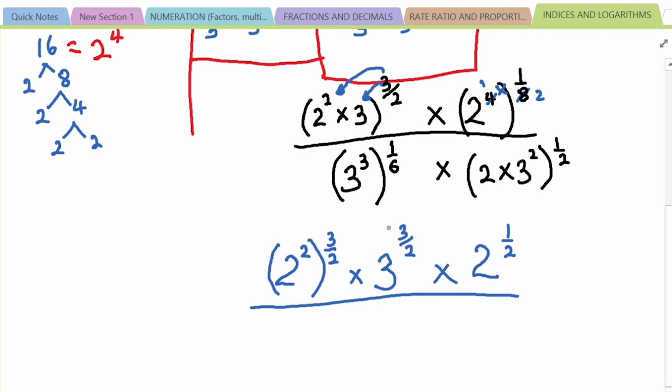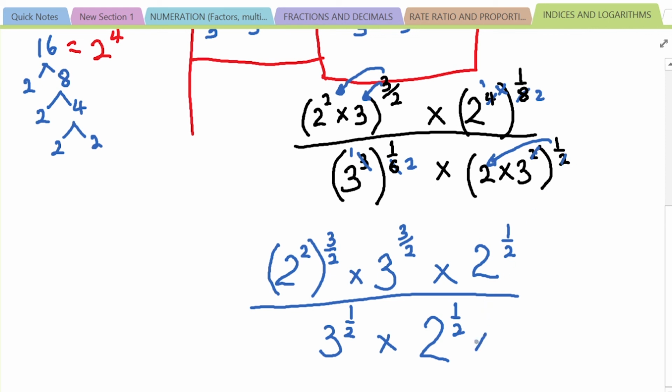Let's get all that divided by, here it's by 3 once, by 3 twice. So this is going to become 3 to the power a half. Multiply that by 2 to the power a half. That is coming from this a half multiplying by that. Then we have this 2, multiply that by 2 once, by 2 once.